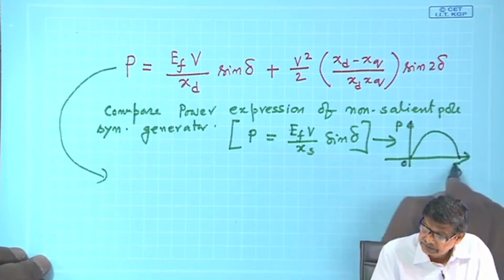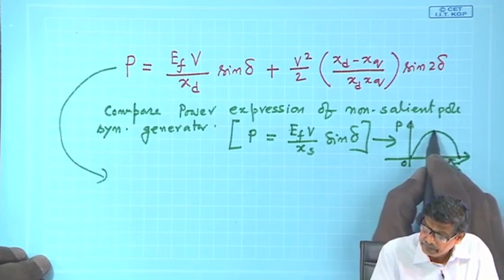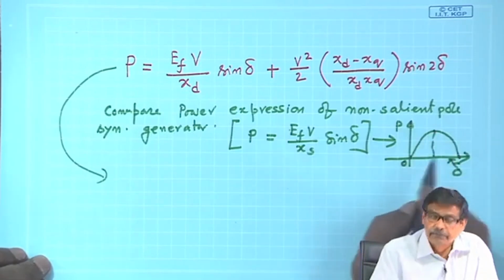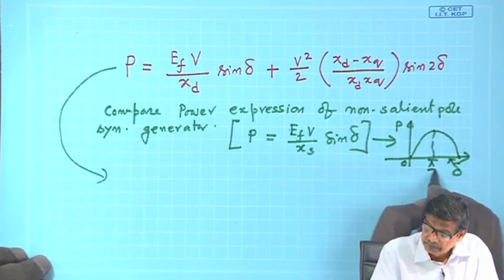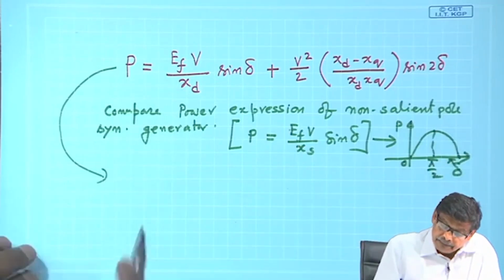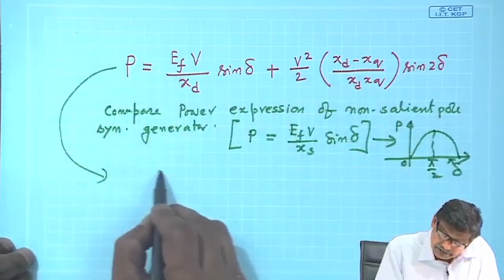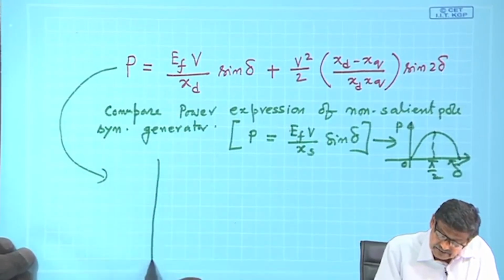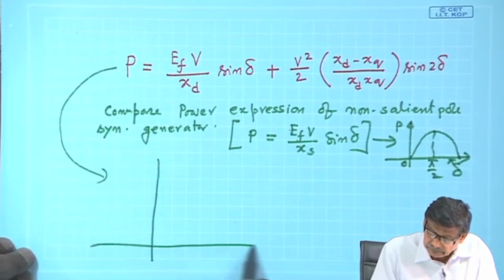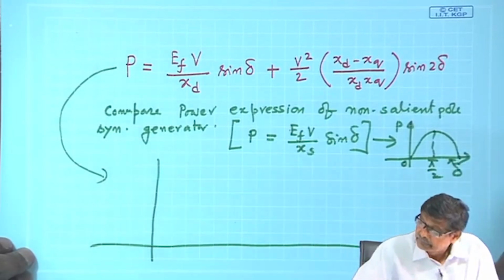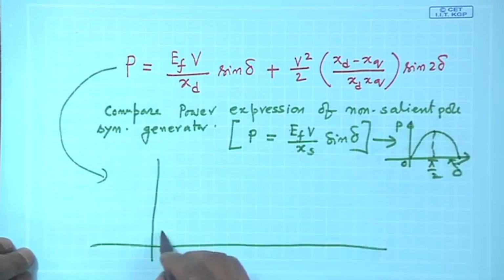This is 0, this is pi. Maximum value of delta for stable operating point is pi by 2, that is all. In case of this, if you sketch it, it will have two terms.